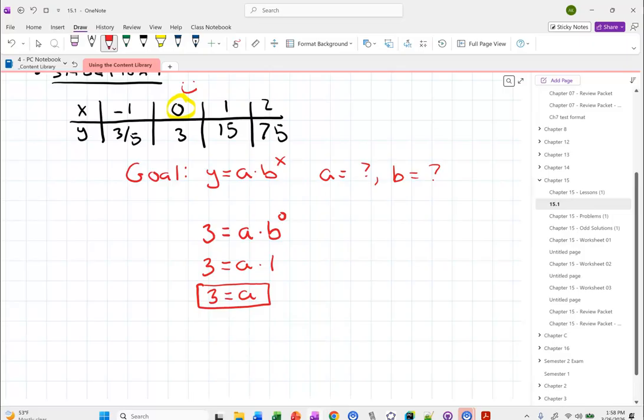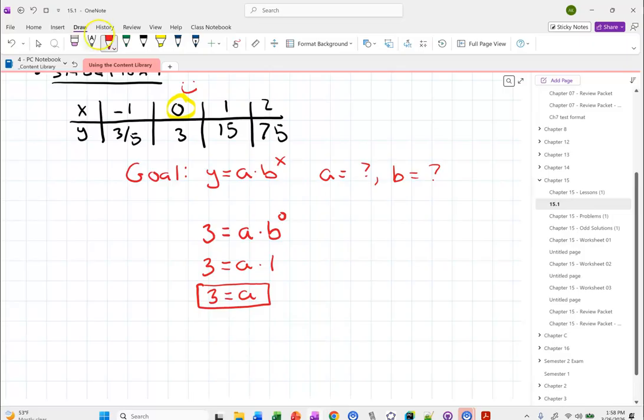We still need to figure out what b is, but we have a for free, which is awesome, right? Did you just guess which one to do first? No. I took advantage that one of my points had the x-coordinate 0. If I have that, this is a much easier problem. We're going to look at situation 2, when I don't have that, and how we handle it then.